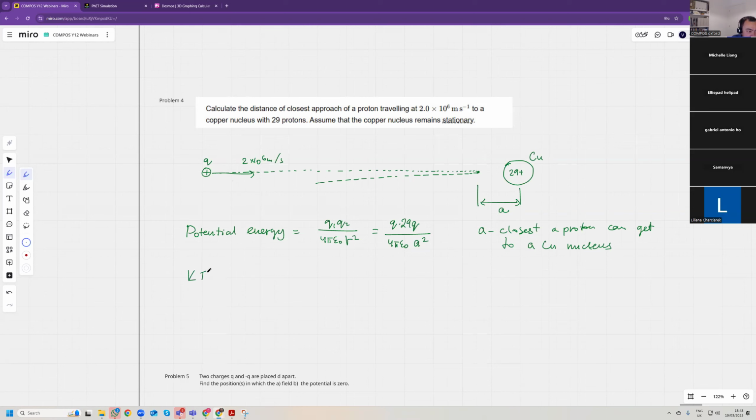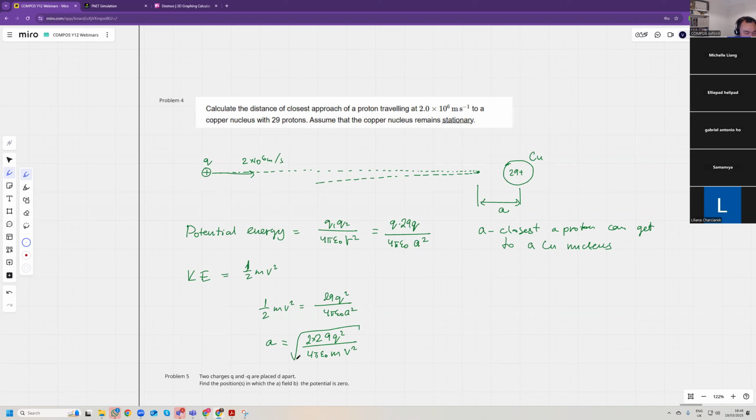The kinetic energy of the proton is, of course, 1/2 mv squared. So all the kinetic energy of the proton converts to electrostatic potential energy. So that means 1/2 mv squared is equal to 29q squared divided by 4 pi epsilon naught a. And we can work out a is equal to 2 times 29q squared divided by 4 pi epsilon naught m v squared.